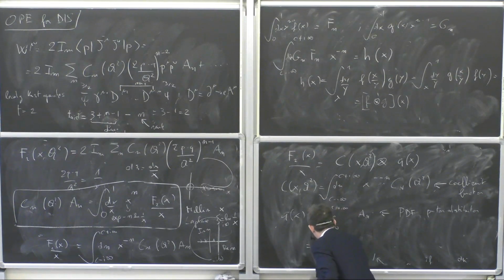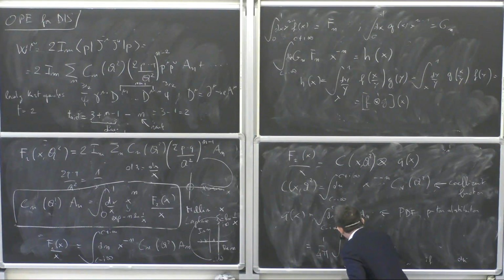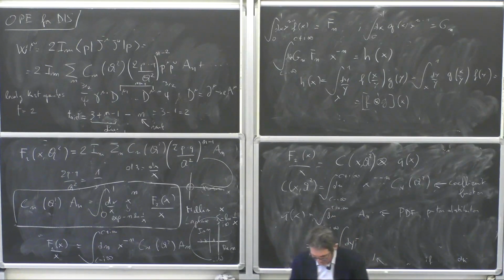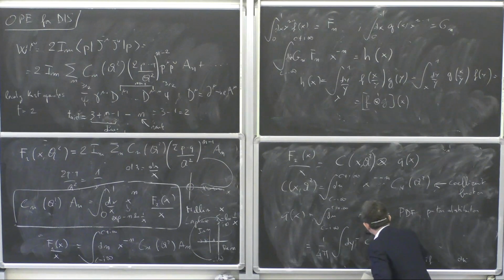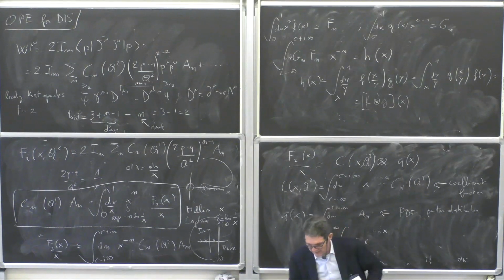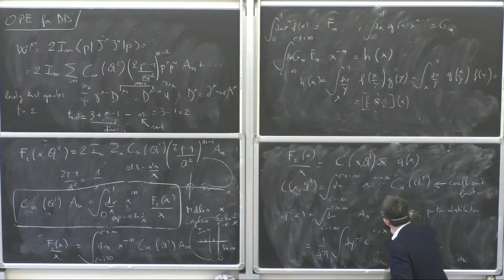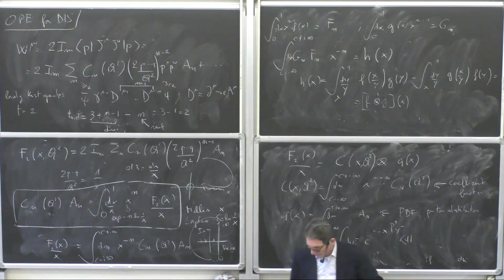Let me write the full expression, which is a bit lengthy, but it gives you the flavor. As an integral dy minus, you'll see in a second why I call it y minus, of exponential minus i x, where x is Bjorken x, the same Bjorken x I have here, P plus y minus. y minus is just an integration variable, times a proton matrix element of a bilinear and bilocal operator.